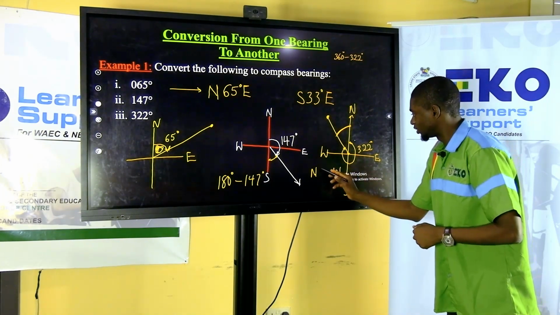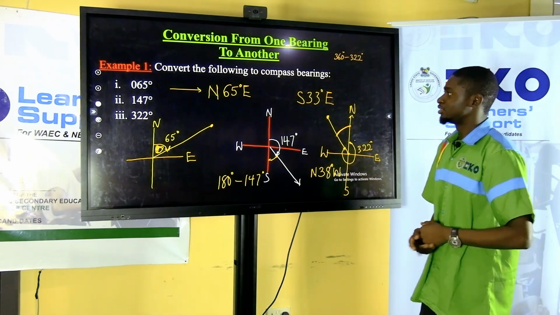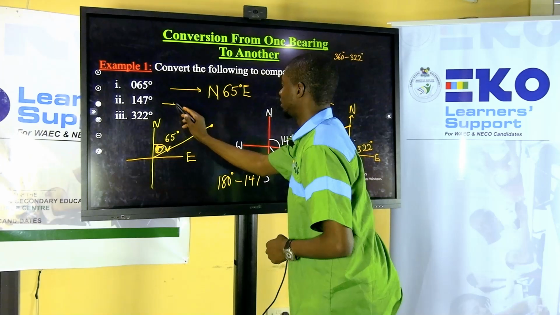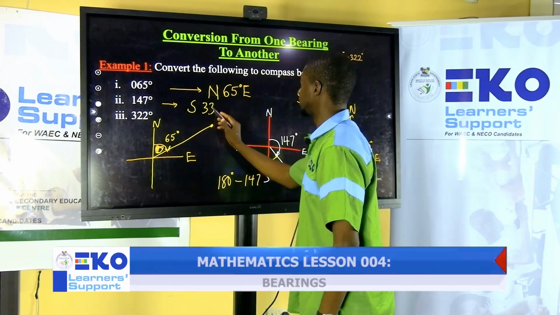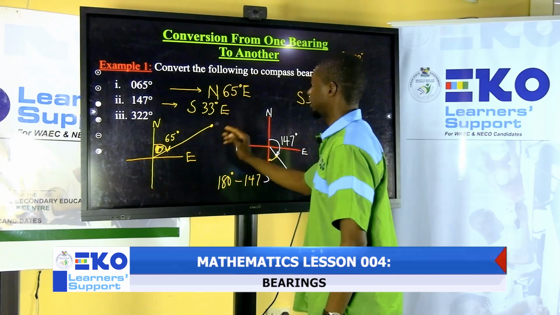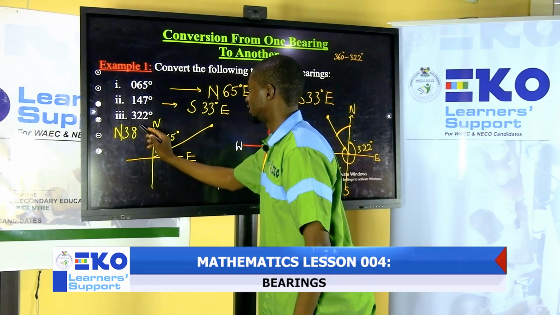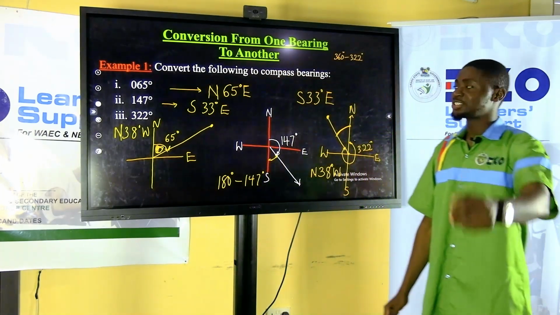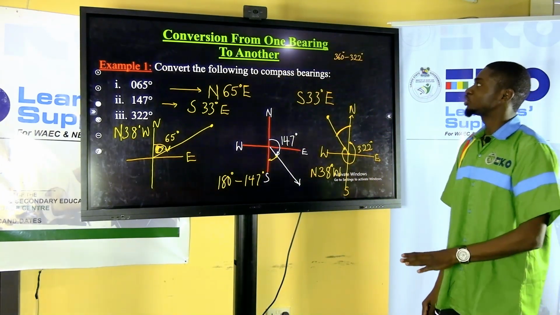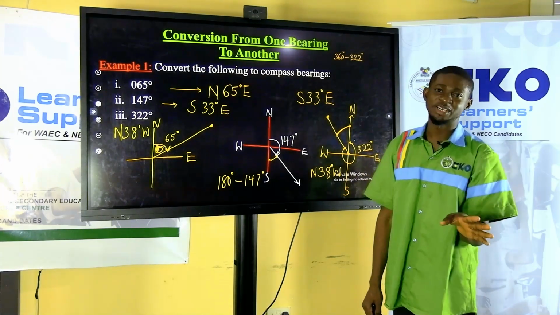So that means north 38 degrees west. So this is south 33 degrees east, and this is north 38 degrees west. Great. That is conversion from three-figure bearing to compass bearing.